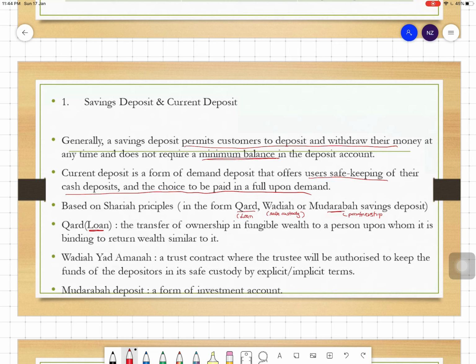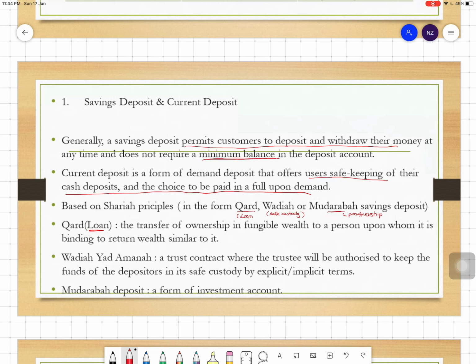So when we deposit the money in that account, means it is one of the qard deposit account, right? Loan deposit account. And ada juga yang wadiah yad amanah ni, maksudnya a trust contract where the trustee will be authorized to keep the funds of the depositors in its safe custody by explicit or implicit terms.